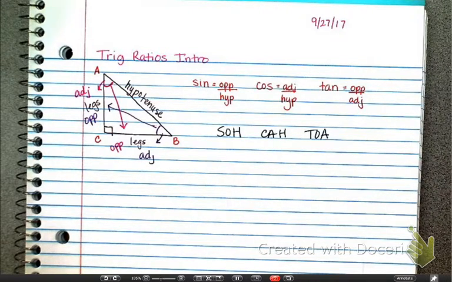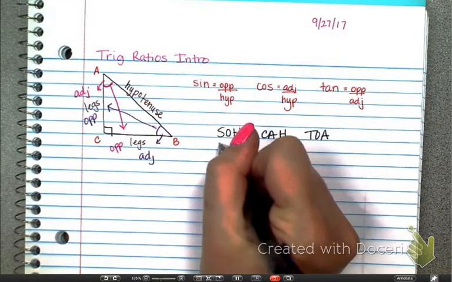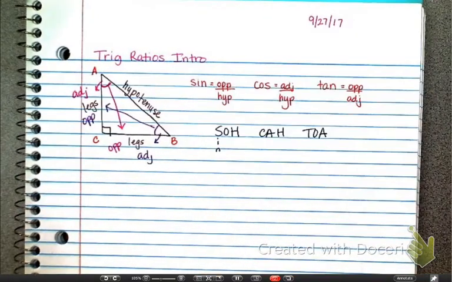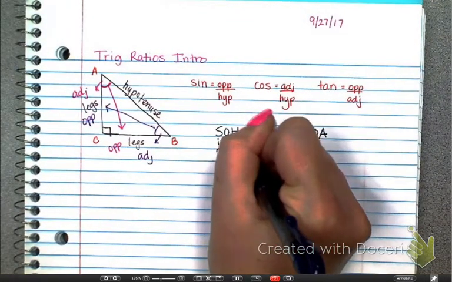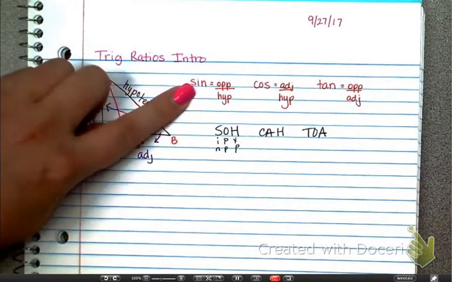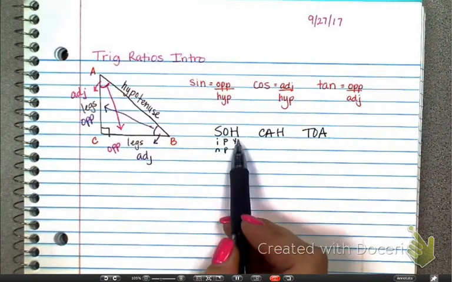Okay, so SOHCAHTOA. And it literally spells it out for you. So SOH is the sine, and it equals the opposite over the hypotenuse. So literally what I have up here. So the sine is the opposite over the hypotenuse.